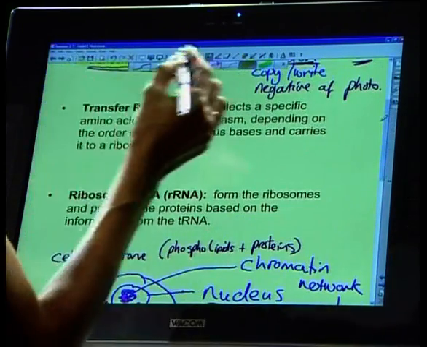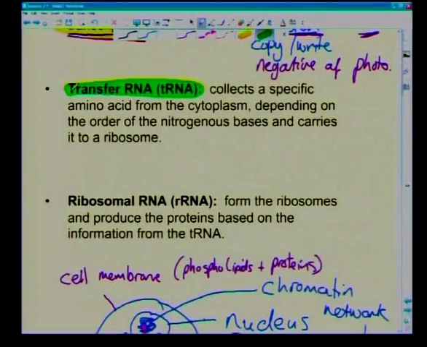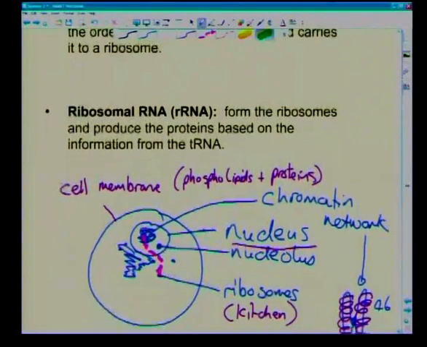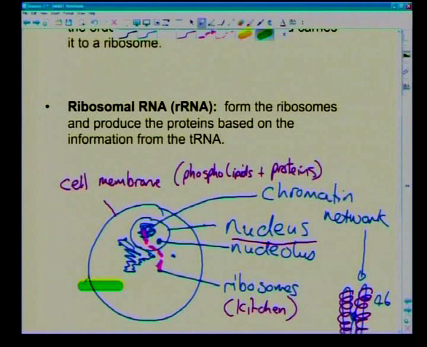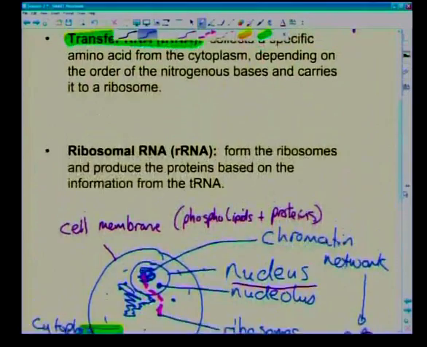The transfer RNA, written small t RNA, what this does is it goes throughout the cytoplasm in the cell. In there, it's going to find a whole bunch of amino acids.